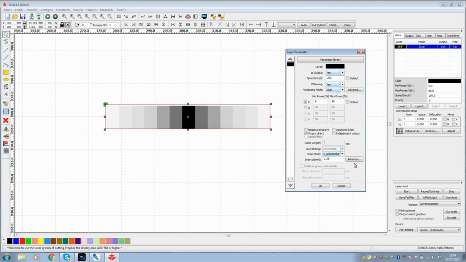We're going to be using a 1.5 inch lens, which normally would have a typical spot size of probably less than 0.1. But because we're going to be using quite a lot of power at times, it's going to be at least 0.2. Therefore, I think I've settled on this 0.25.